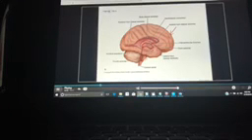This is called your cisterna magna. They also call that the cerebello-medullary cistern. It's simply a dilatation of the subarachnoid space right as the CSF exits out through the median aperture of the fourth ventricle.